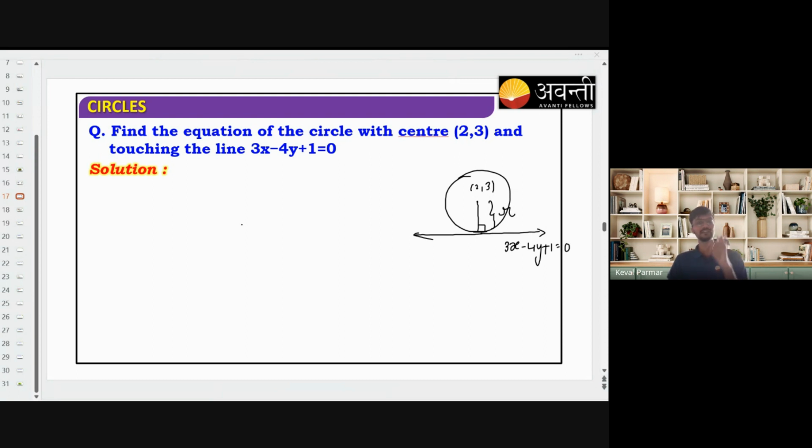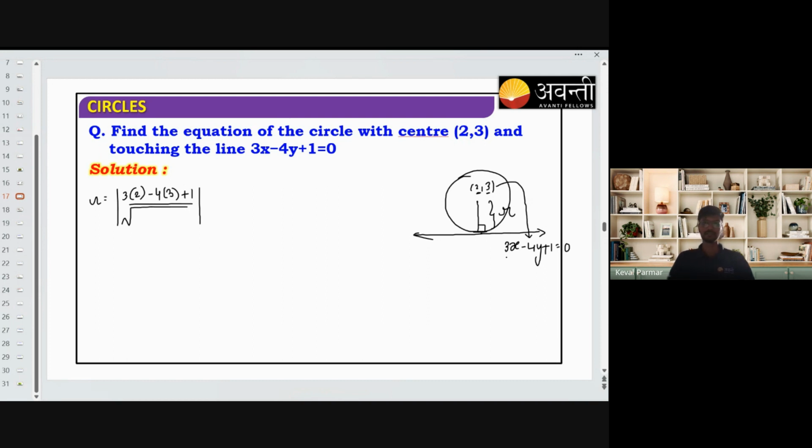We find R by using the perpendicular distance formula. So R will be equal to, I hope you know what the perpendicular distance formula was. We substitute the point in the equation, that is, 2 in place of x, 3 in place of y. So we'll get 3 into 2 minus 4 into 3 plus 1 upon under root of, what do we do? We square and add the coefficients.